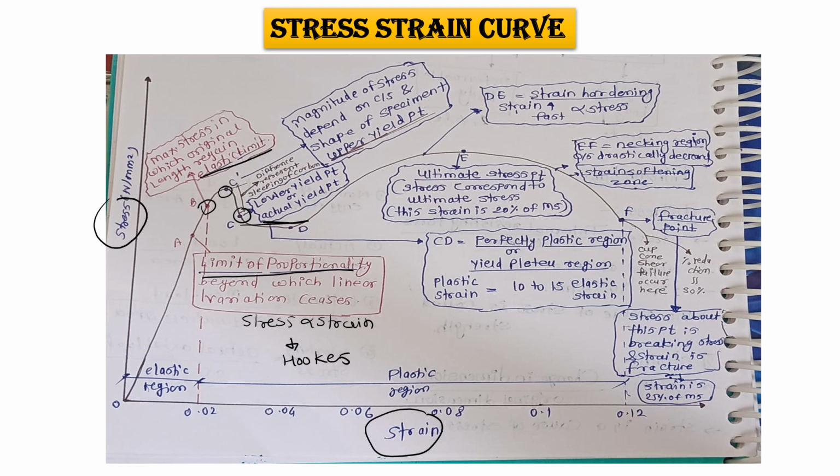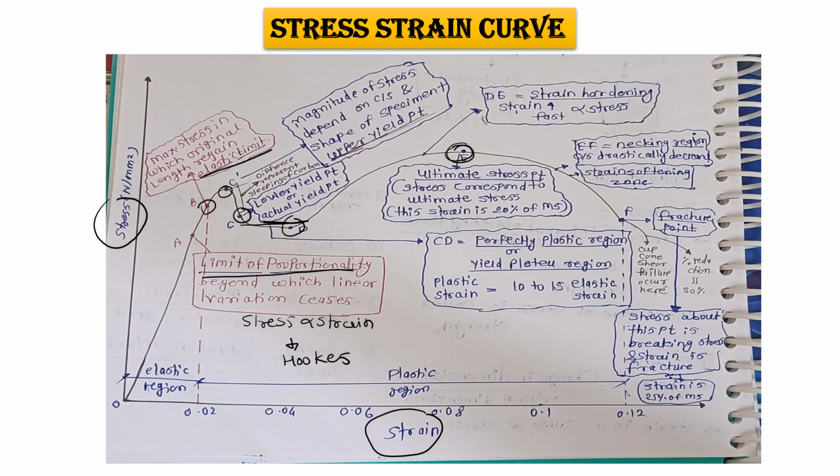Then next, from D to E, that path is the strain hardening zone. In that zone, the strain increases fast, and that's why stress also increases fast. Then the next point is E, the ultimate stress point, where the stress corresponds to the ultimate stress.